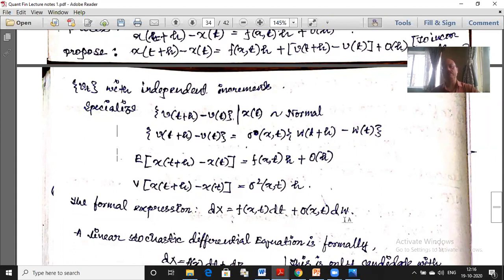So what happens to the variance? What is the order of the variance here for dx? Can somebody say what is the order of the variance here?